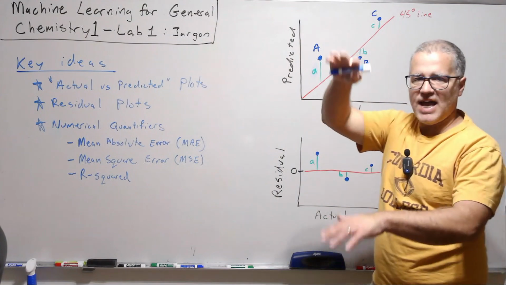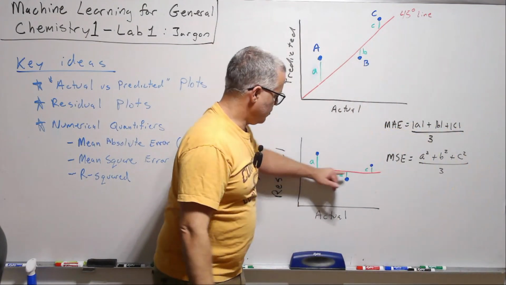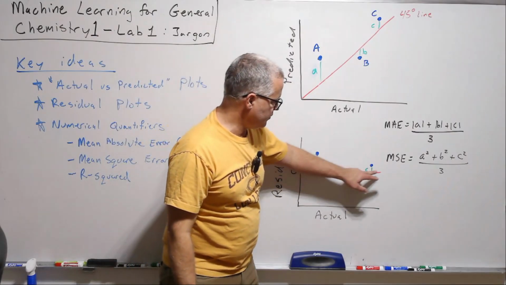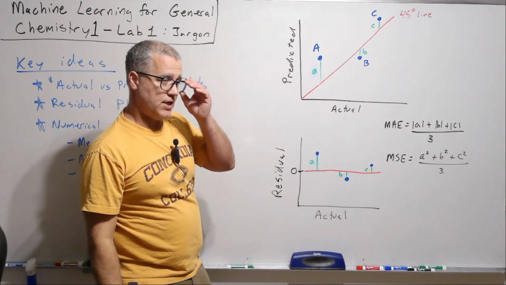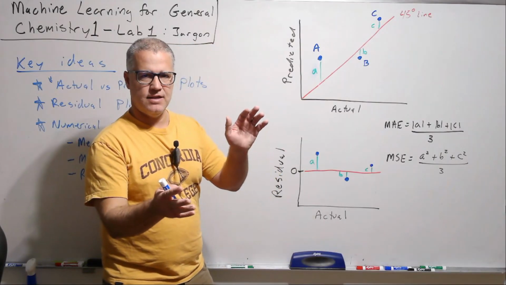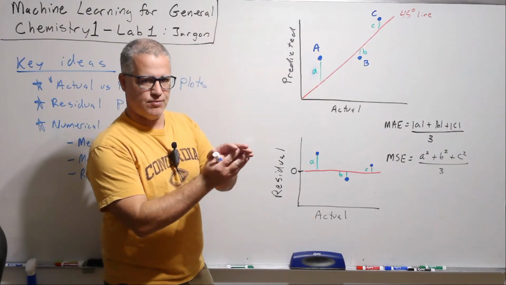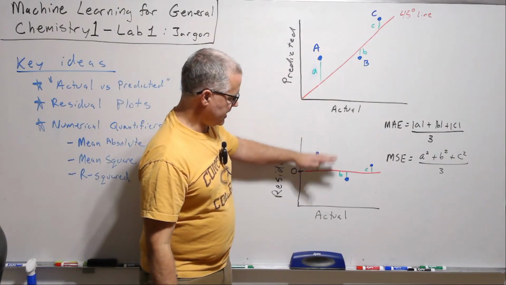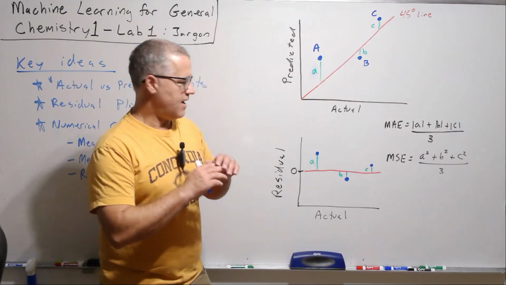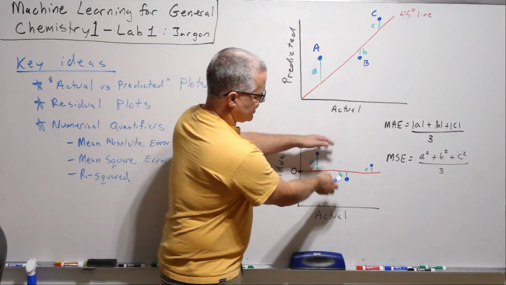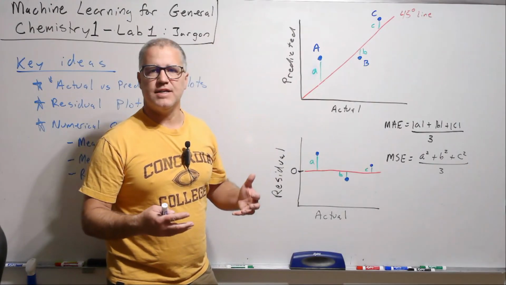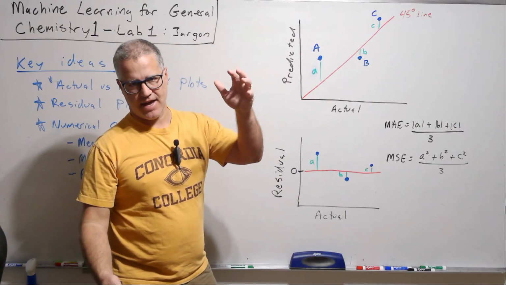So we get scatter about a zero line. In an ideal model, all the data would fall right on that zero line. This helps display the data in a way in which we can recognize scatter, so how big is the scatter about the zero line. If we're scattered equally about the zero line, then our model is accurate, but it might not be very precise if that scatter is big.